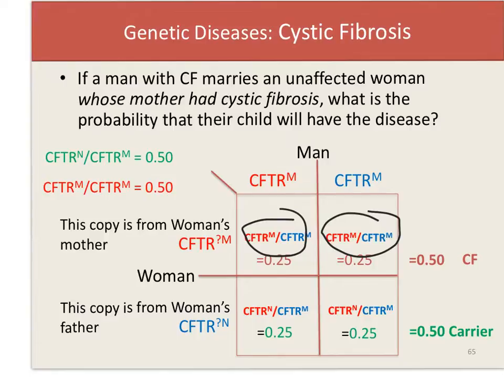Here you have heterozygote. And here you have heterozygote. So the child has a 50% chance of inheriting 2 mutant copies. And it's only because the man has 2 copies and the mother has 1.